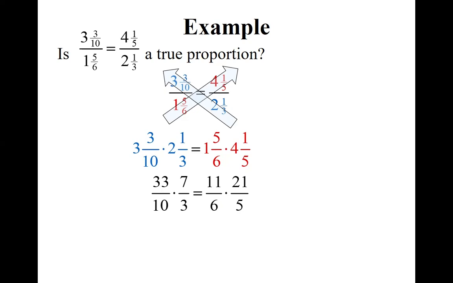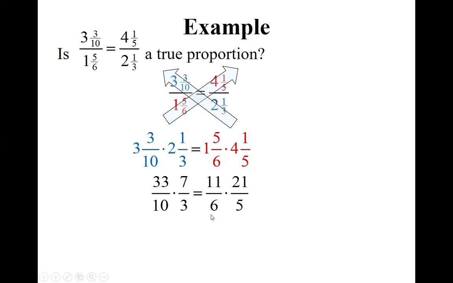10 times 3 is 30 plus 3 is 33/10. 3 times 2 is 6 plus 1 is 7/3. 6 times 1 is 6 plus 5 is 11/6. 5 times 4 is 20 plus 1 is 21/5. When we multiply these, you can break these up. 21 is 7 times 3. 6 is 3 times 2.